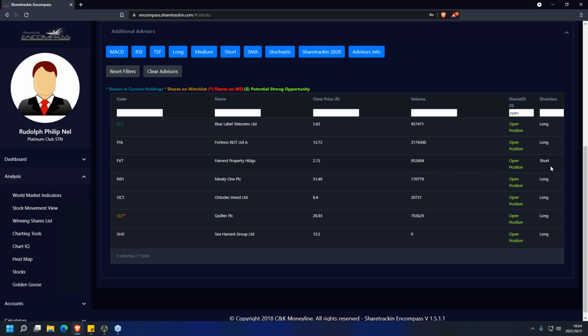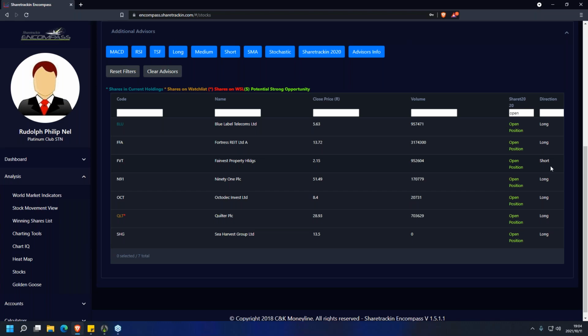Short positions mean that you are initially buying shares in a downwards trend instead of buying them in an upward trend. So it means that you're trading against the market and not for the market. Some people say, okay, it sounds a bit confusing, but how do I make money in a downwards direction? The reason is that it works more or less the same as Forex. With Forex, you've also got leverages and you've got your margins.